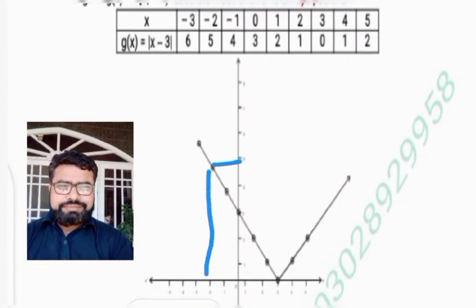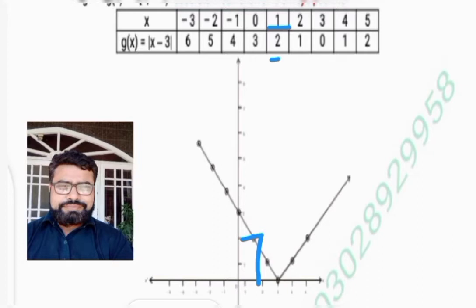At -2 it is 5, -2 and 5, we have a point plotted here. At 0 it's 3, and on the axis the value is 0. So at 0 we have plotted a point at 3. Now at 1 there is 2, here the value of y is 2, and here the value of x is 1.